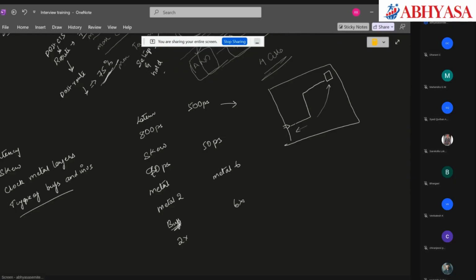So it will use smaller cells, 2x buffers at a far distance, let us say 1000 microns, and it will reach my sync pin. So it is using 3 2x buffers at a distance of 1000 microns to reach my sync pin.